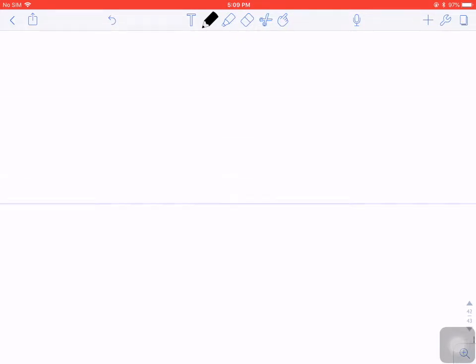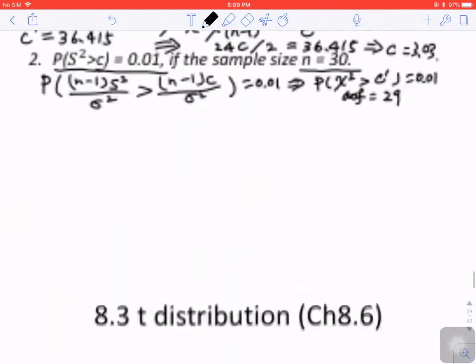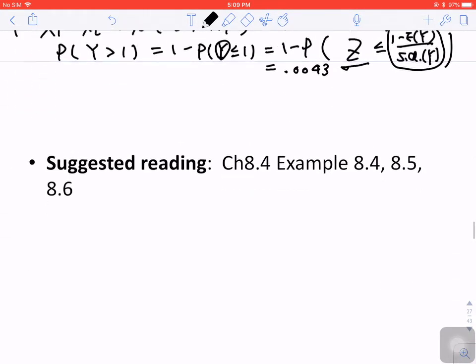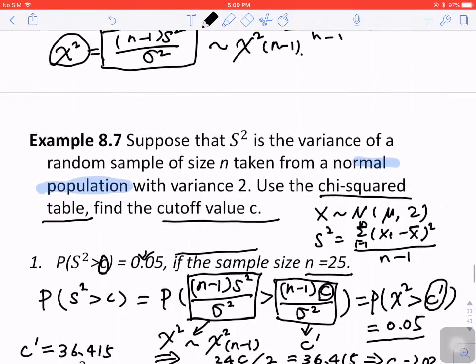And that's all for chapter 8. So let's just have a brief summary of this chapter. First of all, the big picture, we have a population distribution.